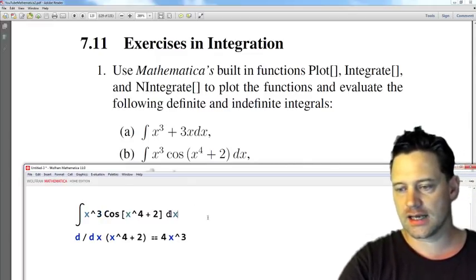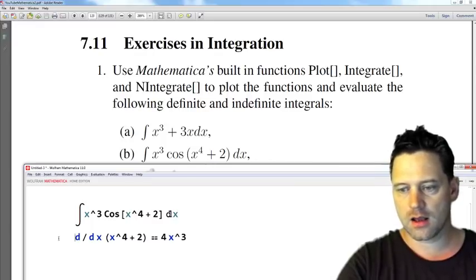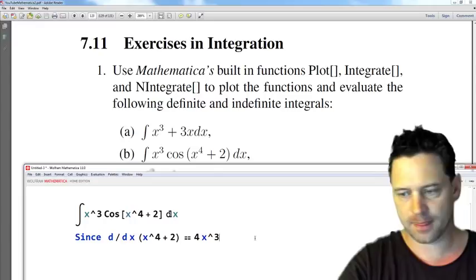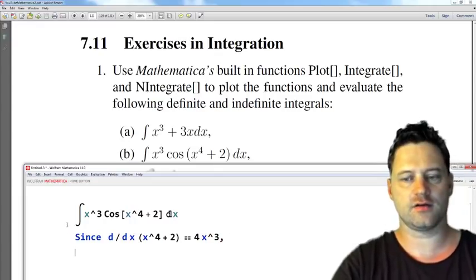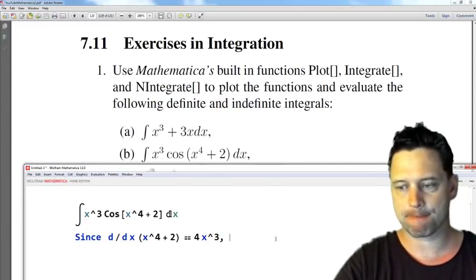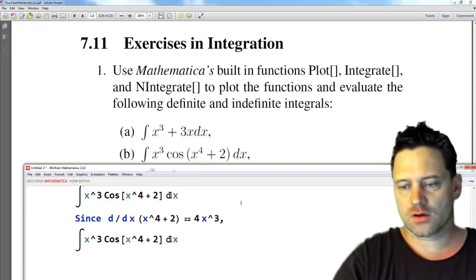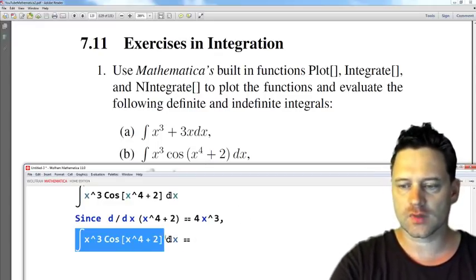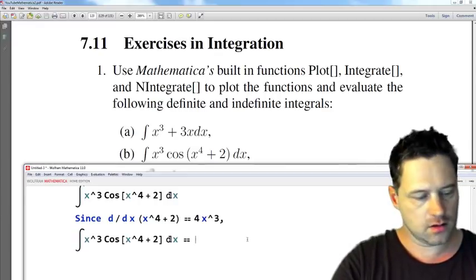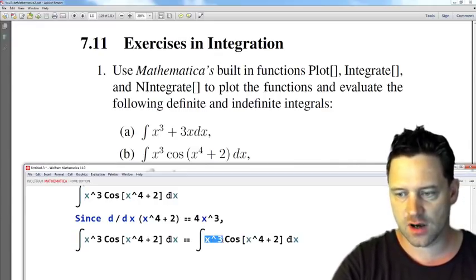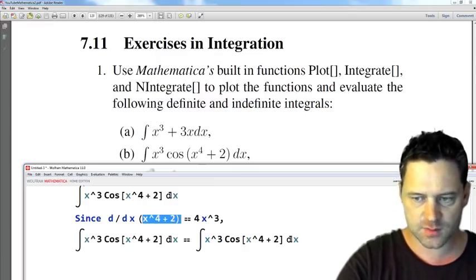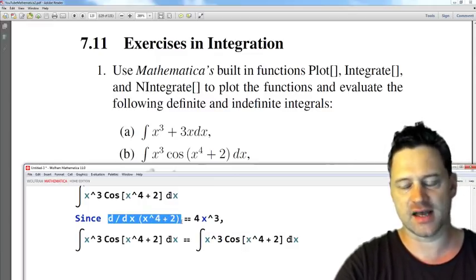All right, so let's write down. Now, I wanted to say since this is true, we have, I'll copy this, we have this equal to, now this is not quite the derivative of this one. What would I have to do to make that so?